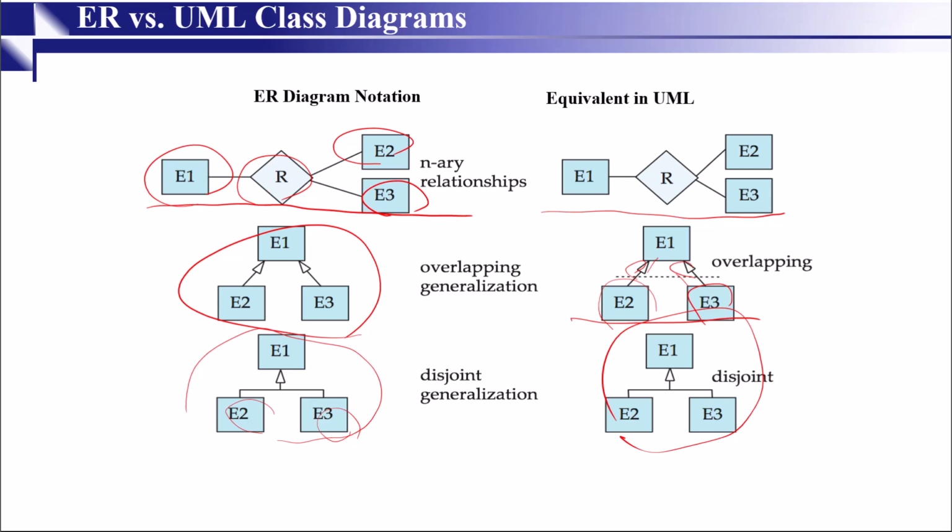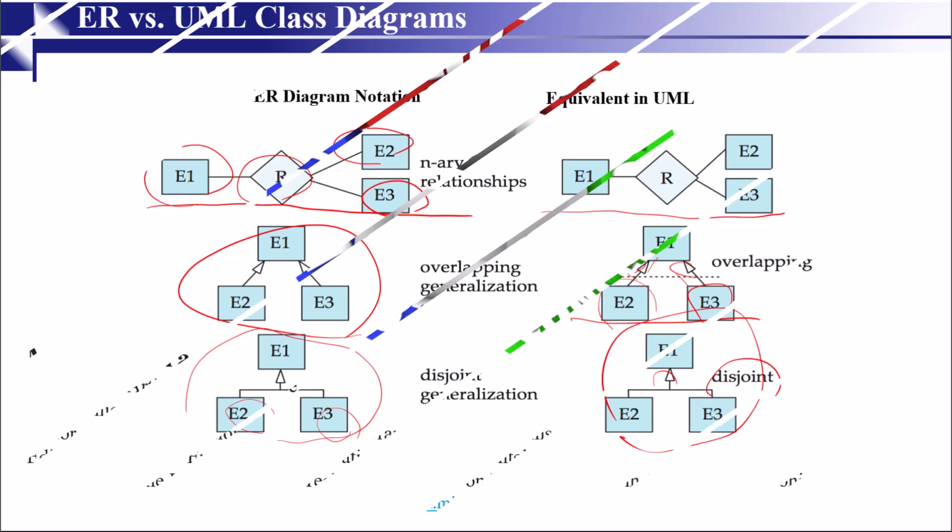For example, a vehicle can be either a car or a truck, but not both of them. And in the case of UML, we represent it the same way as overlapping generalization, with a solid line and a triangle, but labeled with disjoint, indicating that the subclasses E2 and E3 are mutually exclusive.